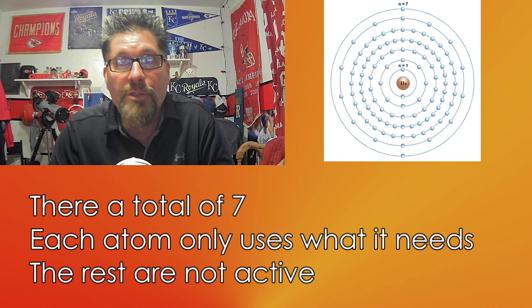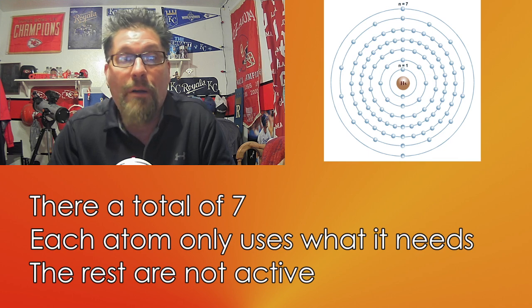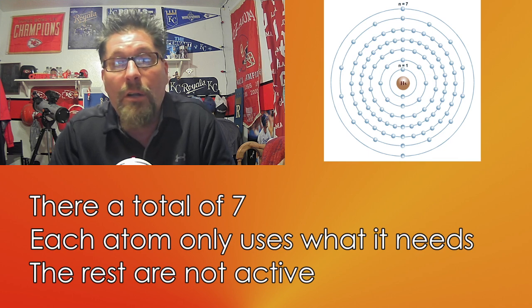There's a total of 7, and the atoms only use the ones that are needed to house the amount of electrons they have. That's a concept called electron configuration, which is a fun topic, a very laborious, tedious process of positioning the electrons in the proper place.